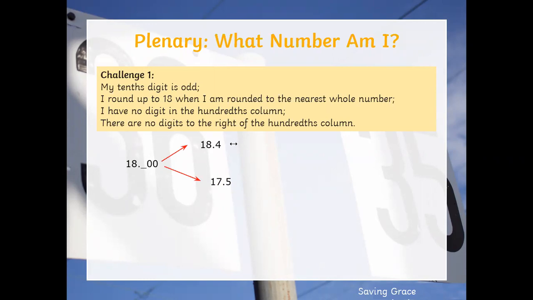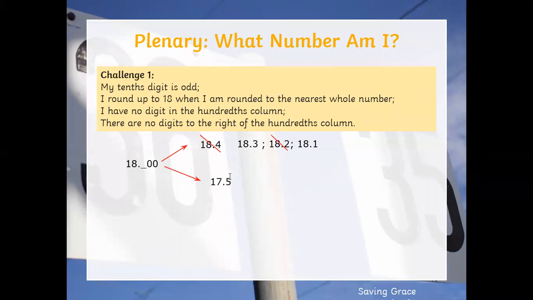Let's write down the next values. That's 18.3, and the value after that, 18.2, 18.1. Okay, so we know that it's an odd number, so it cannot be 18.4, and it cannot be 18.2.